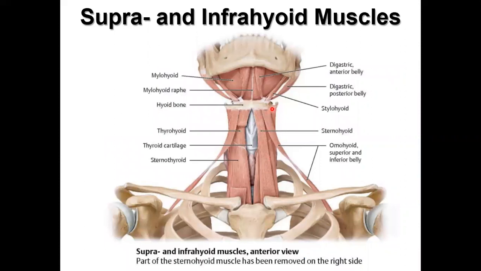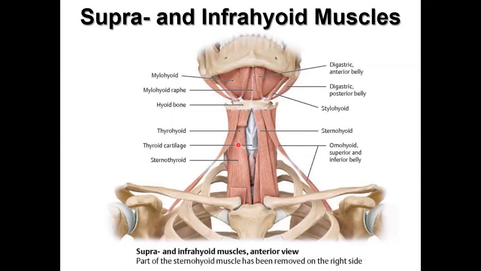Okay, so we talked about our suprahyoid muscles. Here's our infrahyoid muscles, our strap muscles. So again, here is omohyoid, superior versus inferior bellies. Here is our sternohyoid muscle connecting the sternum and the hyoid bone.